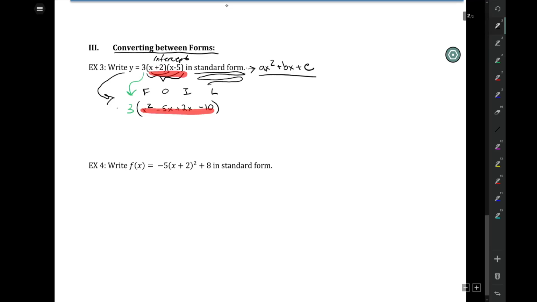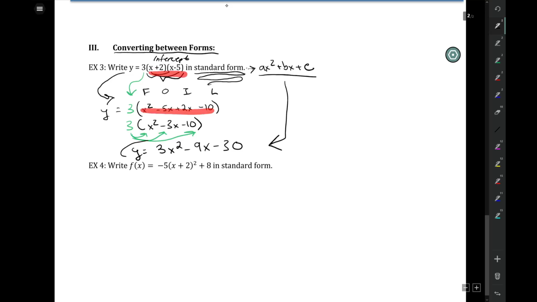Well, let's combine our terms inside: x squared minus 3x minus 10. And then we'll distribute our 3 to everything, giving us 3x squared minus 9x minus 30. Now we are in standard form.